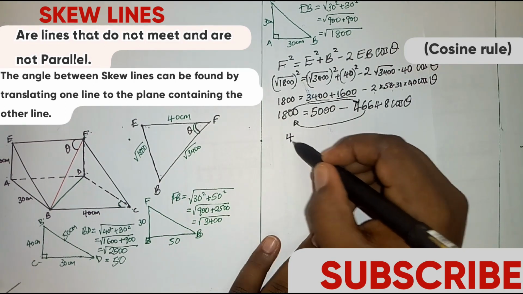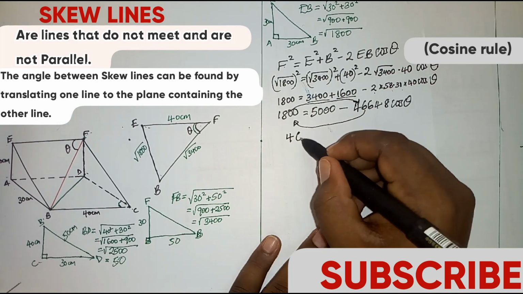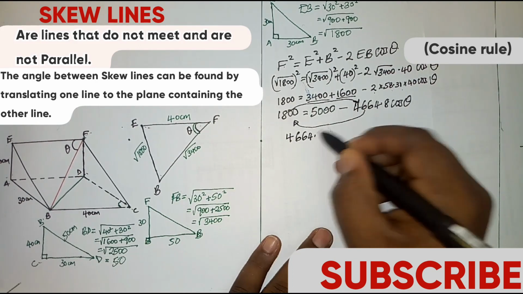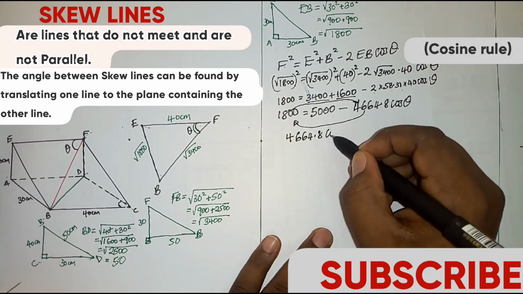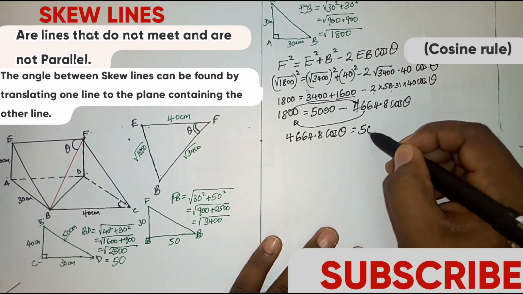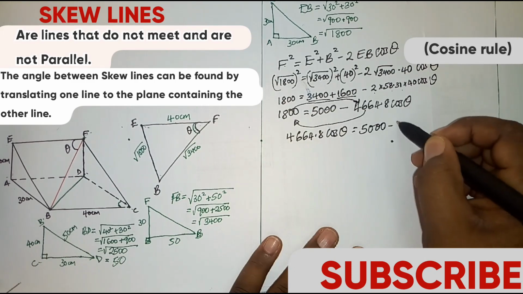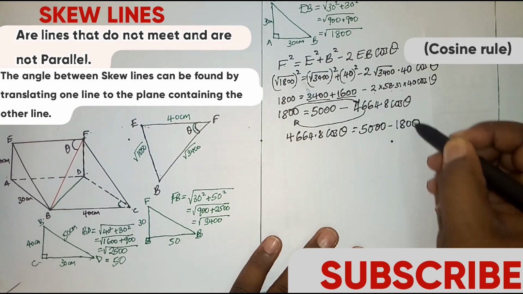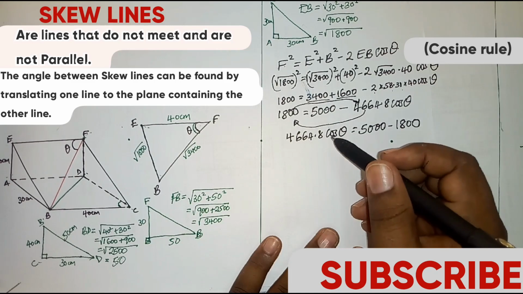So let's collect like terms together. We have 4,664.8 cos theta equals 5,000 minus 1,800.